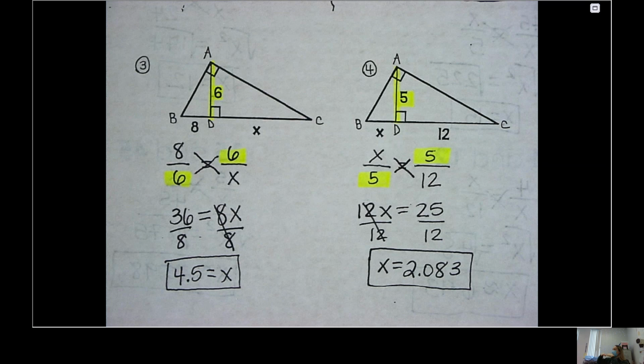Then you've got the side that is across from the right angle. It's the longest side, the biggest side, and that is your hypotenuse. So we definitely need to write above hypotenuse: it is across from the 90 degree.